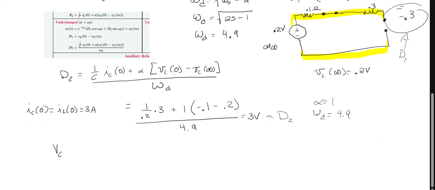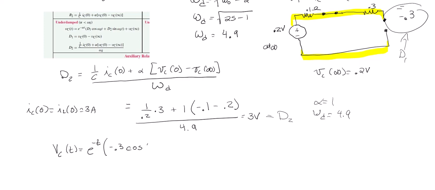So VC of t is e to the minus t, D1 is negative 0.3, cosine 4.9t plus D2, which was 3, times sine 4.9t, plus VC at infinity is 0.2. So that's VC of t.